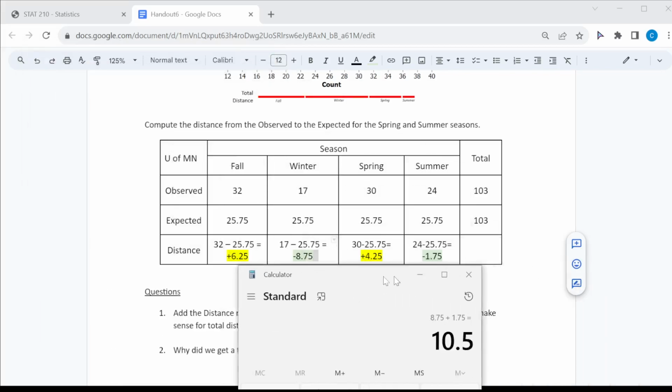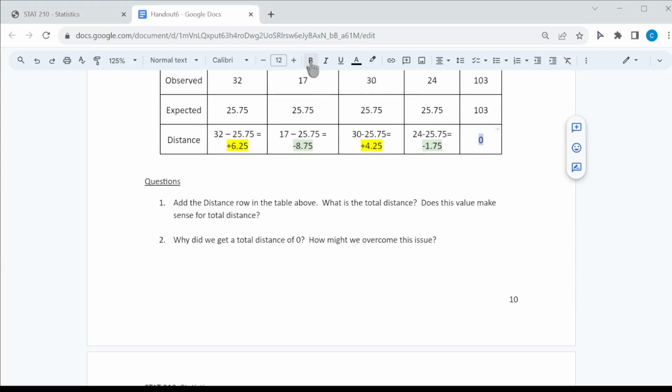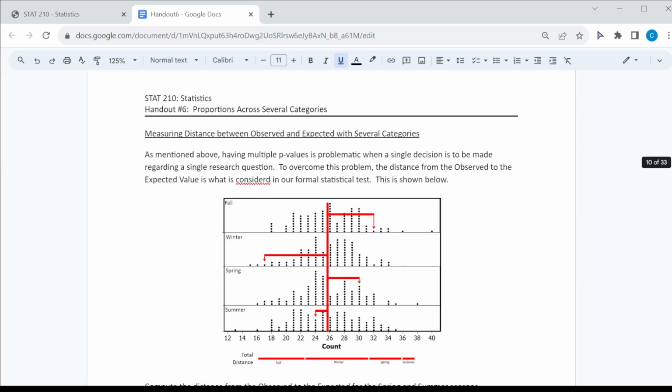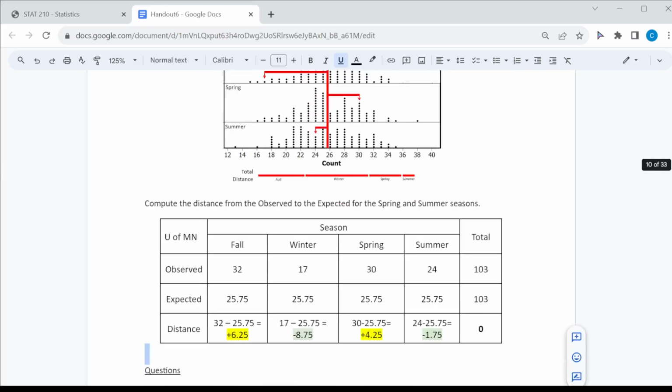So what's happening here is my total distance, when I add all of that up, I get 0, which doesn't really make sense to me because I can see from my red lines that I definitely have some distance away from the expected. This problem is going to come up in lots of different situations. What's happening is that the positive distances are just canceling out the negative distances.